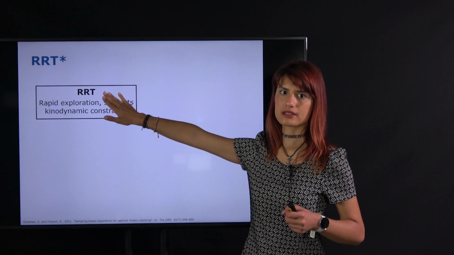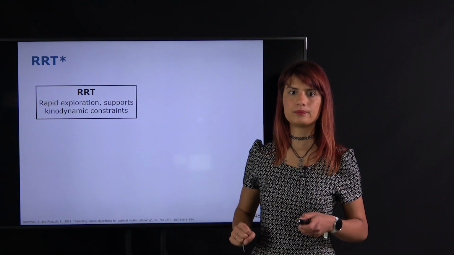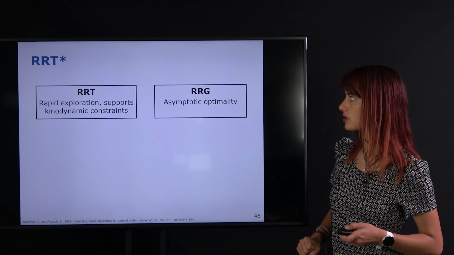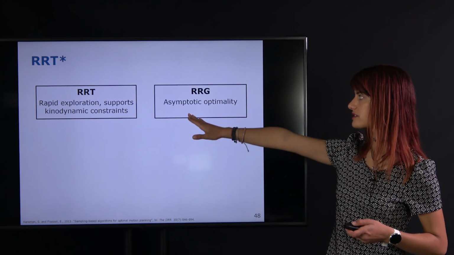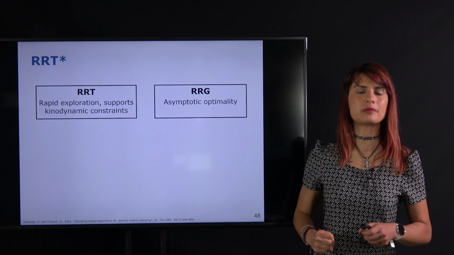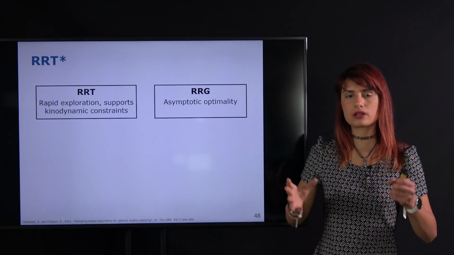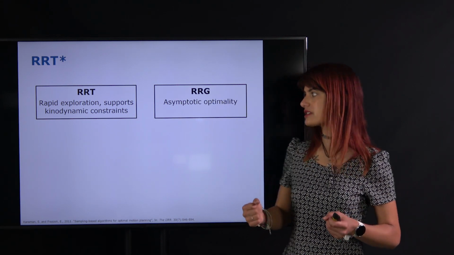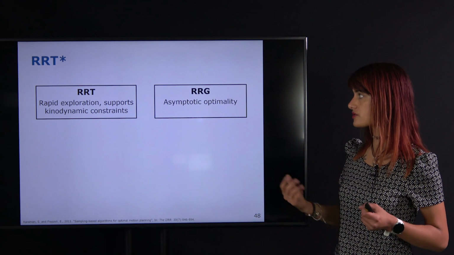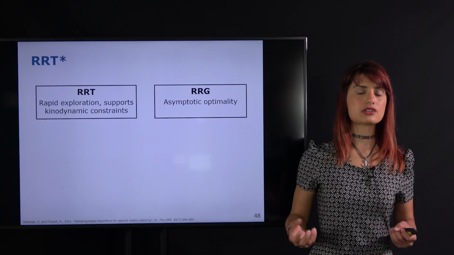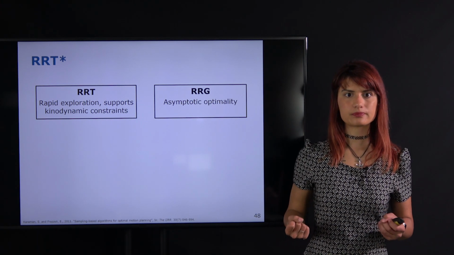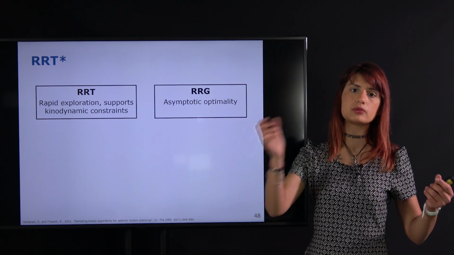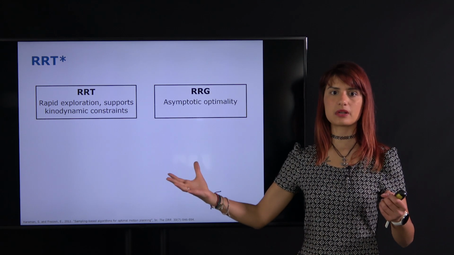So that was the rapidly exploring random tree. And on the other hand, we just discussed the rapidly exploring random graph, which gave us properties of asymptotic optimality. So it had this nice trick with adaptive radius based on the graph size that allowed us to say that if we construct the graph for long enough time, we will actually get the optimal solution. And this connection is basically the link between robot motion planning and geometric graphs.